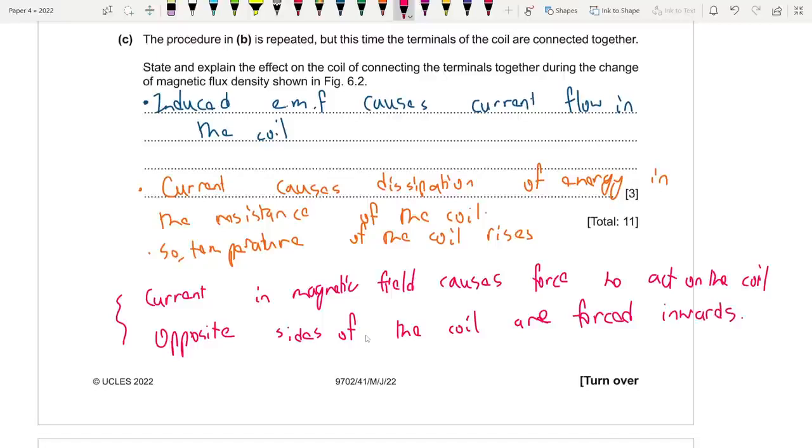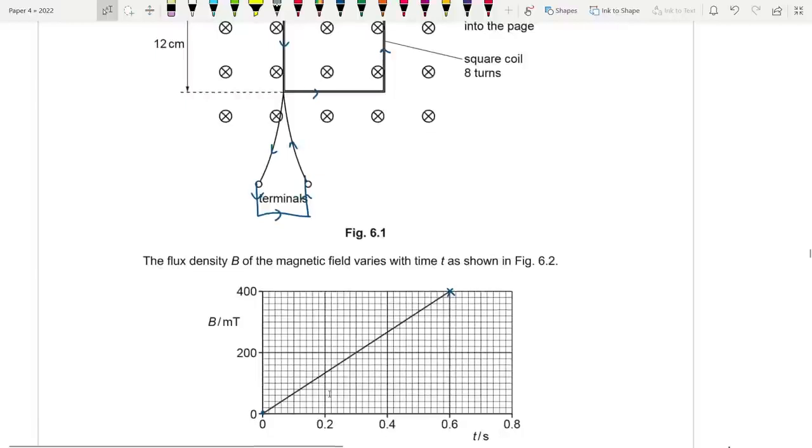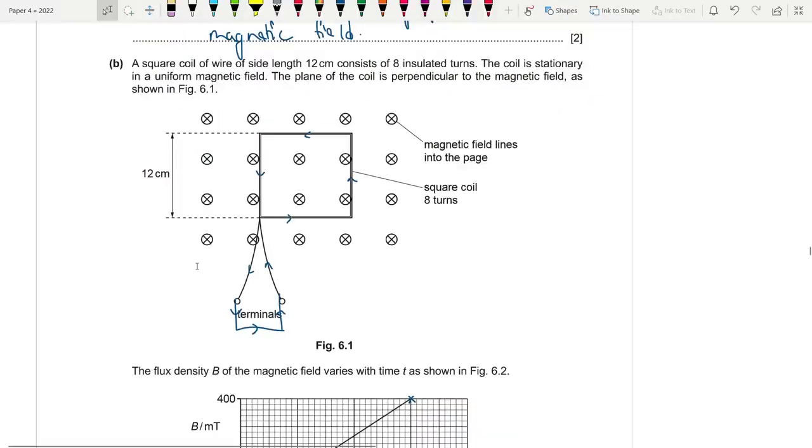Okay, so the opposite sides of the coil are forced inwards. So what does this mean? Right, so if we use our left hand rule for different sections, suppose current is flowing like this. Suppose we don't know current is flowing like this. I'm pointing my index finger into the page and my middle finger to the right.